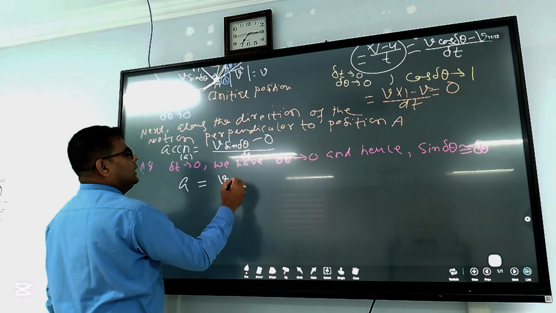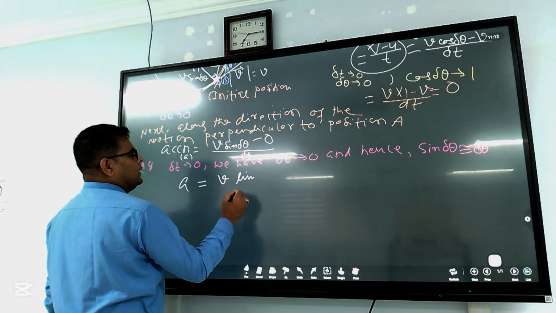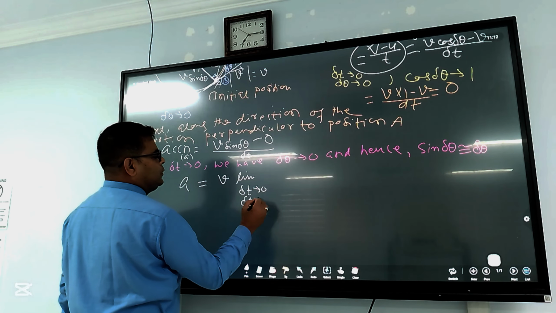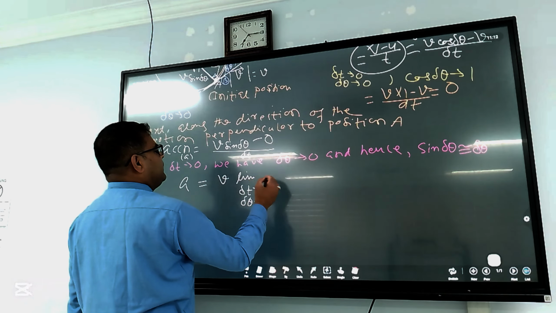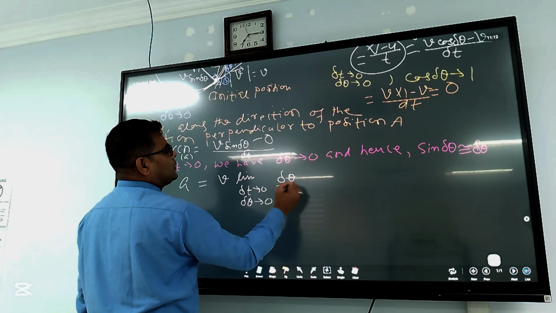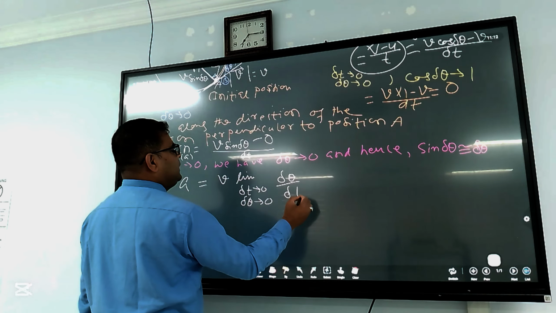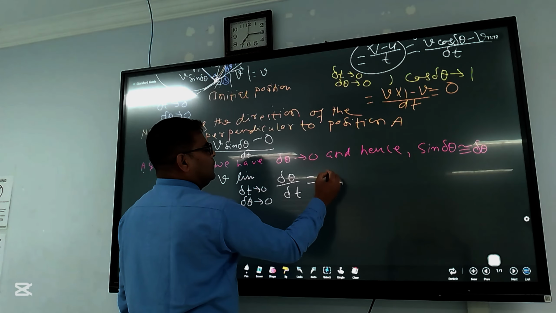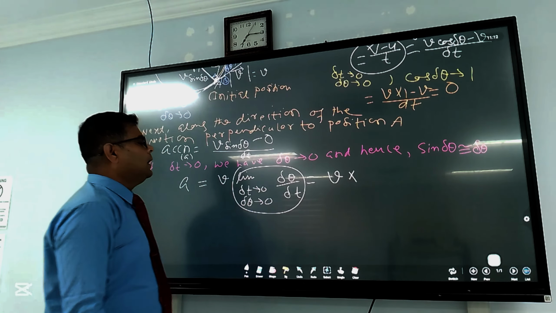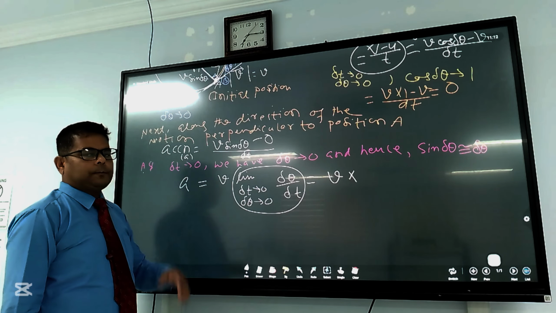So this is B. Now as del t tends to 0, del theta also tends to 0, and sine del theta is for the small angle, so you can take this as del theta and this as del t. So it is now V times this factor, by the definition of the first principle of calculus.